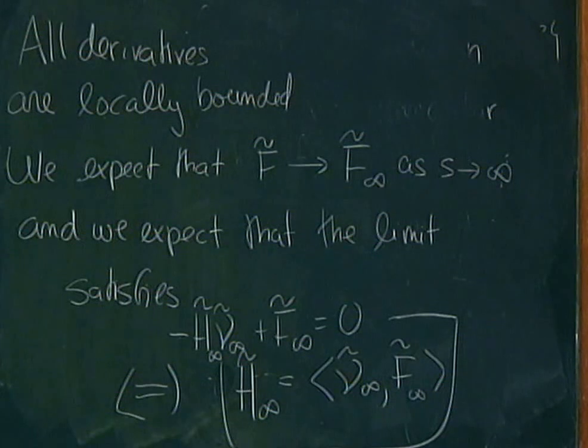And the ingredient that is missing here is what is called the Huisken monotonicity formula. That is something that was, in some sense, mentioned yesterday tangentially.